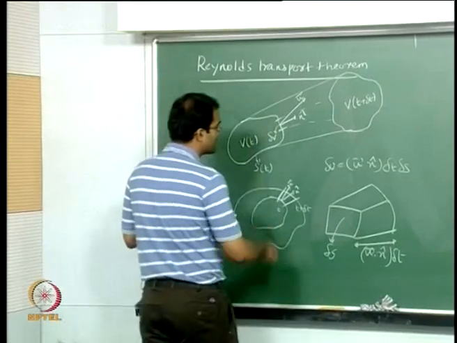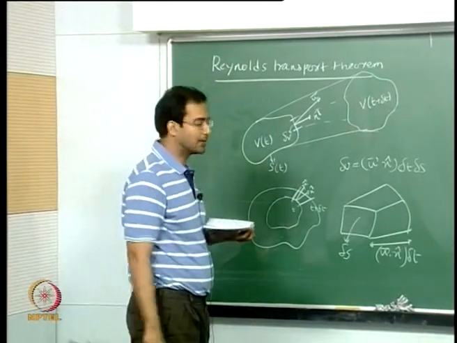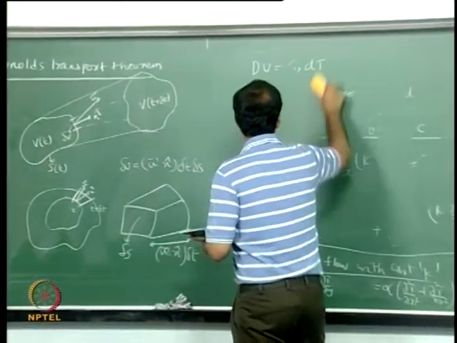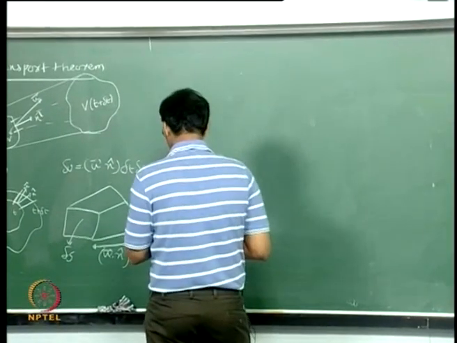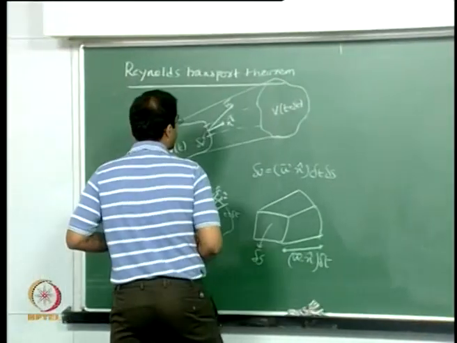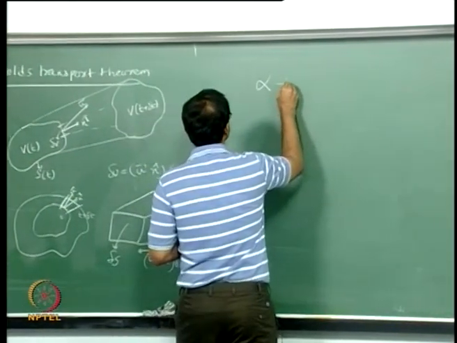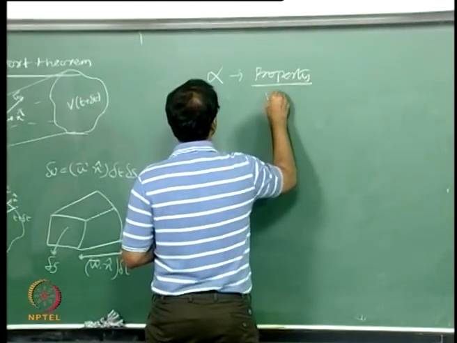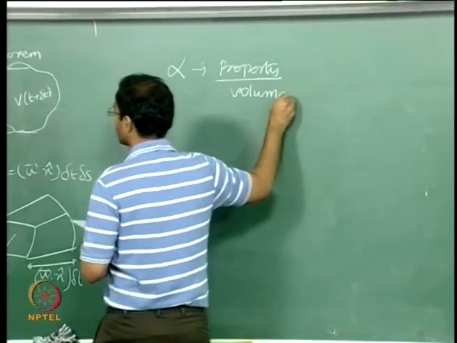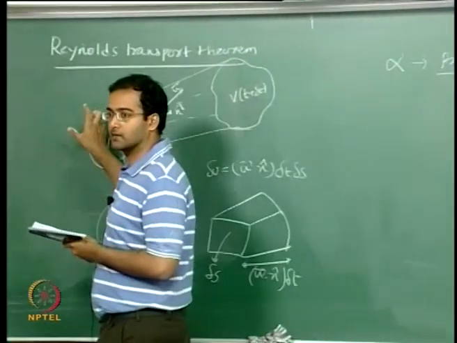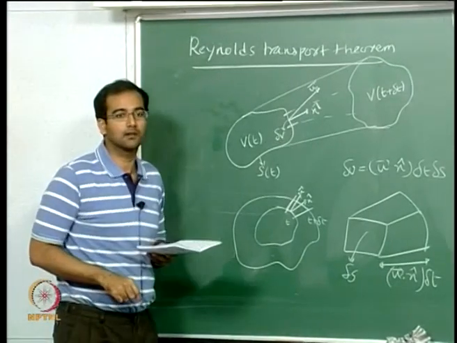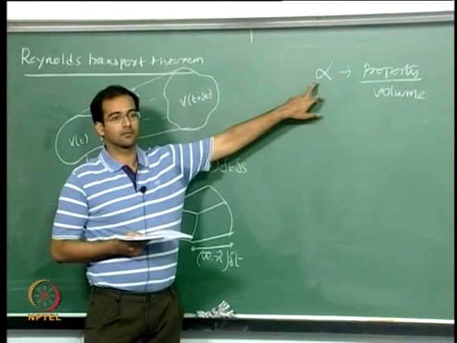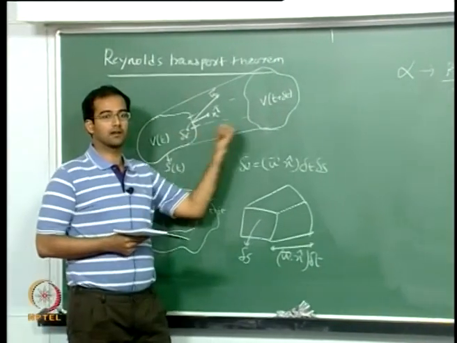So this is the basics of this. From here, maybe I will take a couple of minutes, two or three minutes, and go a few more steps. If I want to define any property alpha, this is the property per unit volume. Now the volume is changing, but this is a control mass, so the mass is constant but the volume is deforming. Therefore I have to define a property per unit volume, so that this alpha is going to be the same here or here.